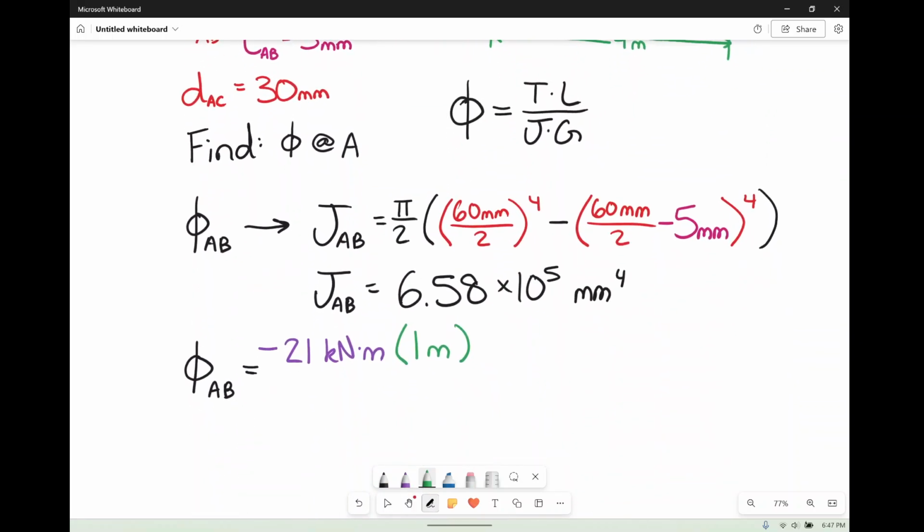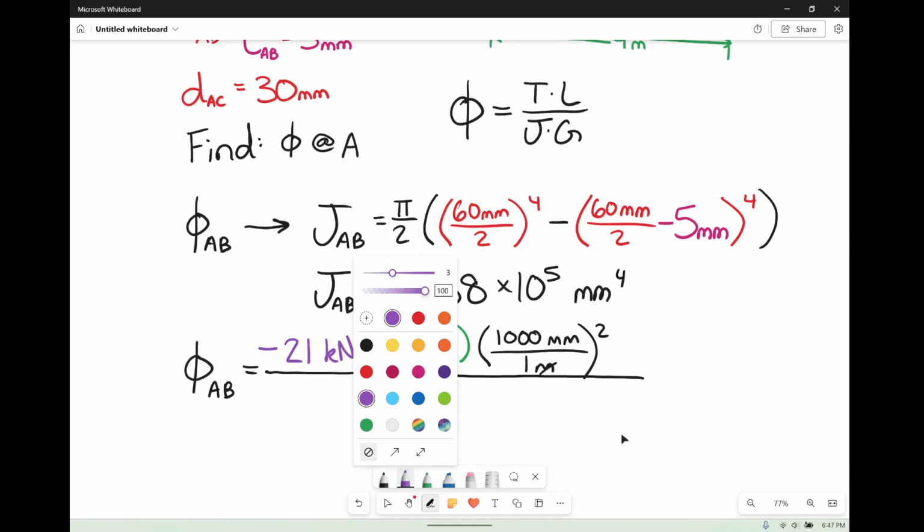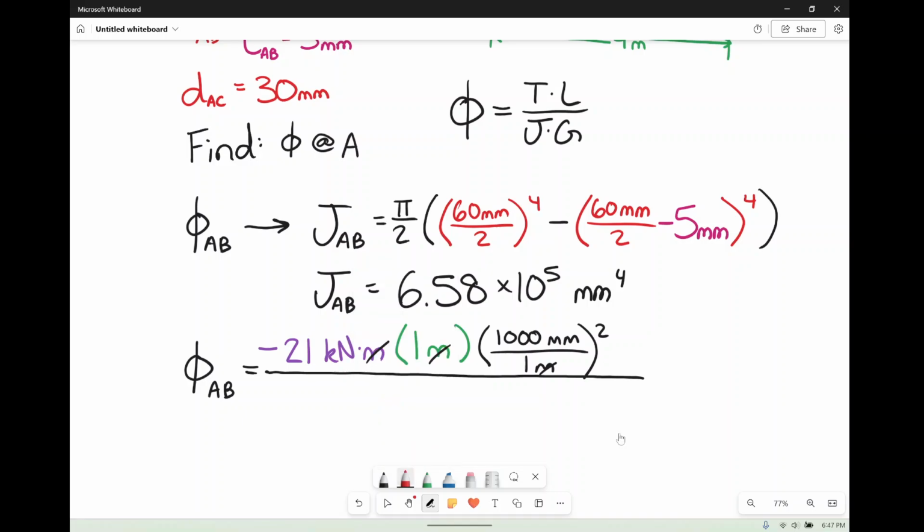Fantastic, right? But nobody likes meters, right? We very much said we need to not have meters, so we're going to have 1,000 millimeters in 1 meter, and we're going to square that, and that'll take care of 1 thing of meters and 2 things of meters. So then all over J, which will leave in red because it had to do with our diameter here.